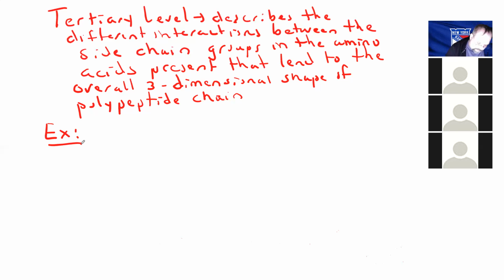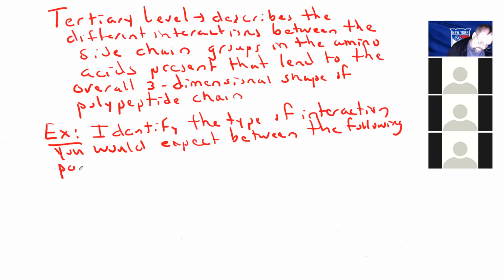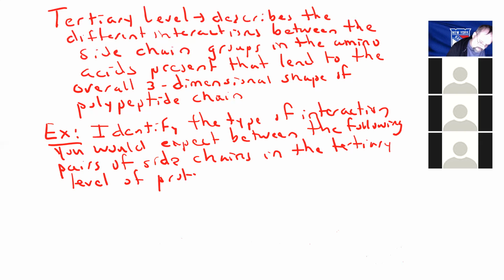So the question here is, identify the type of interaction you would expect between the following pairs of side chains in the tertiary level of protein structure.